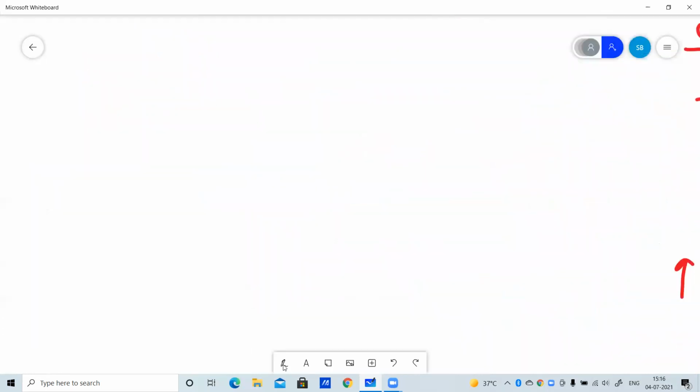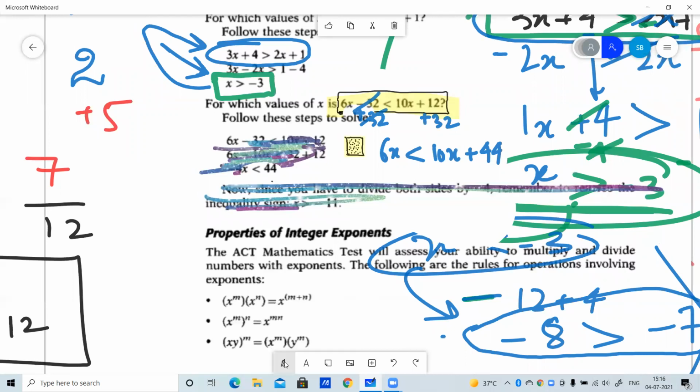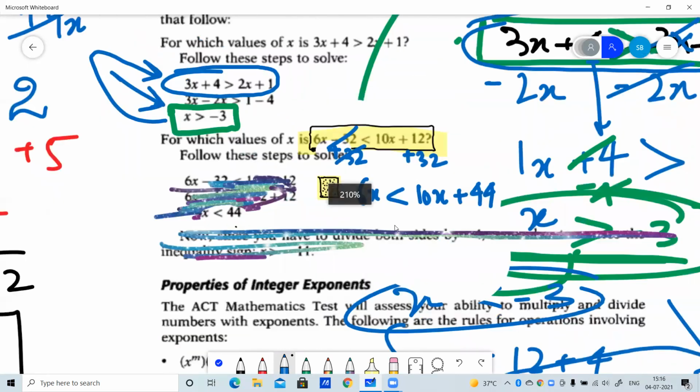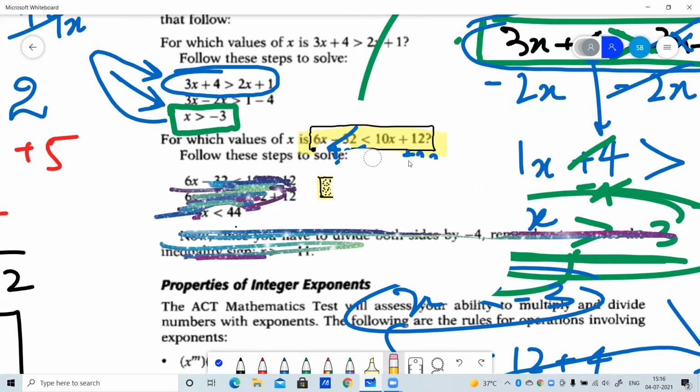So if you're adding 44 to 10x again, you'll get 88, because you can't add 44 and 10x since these are unlike terms, right? Oh, you cannot add unlike terms. I forgot. You can only multiply and divide them. Yes. So try to do that again. Don't combine the unlike terms.